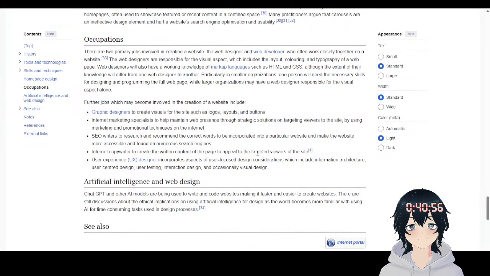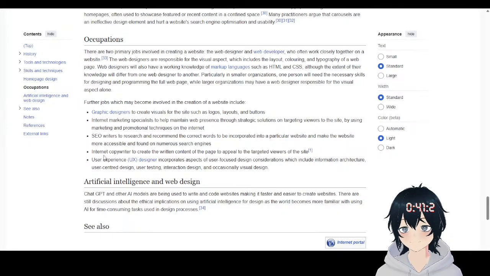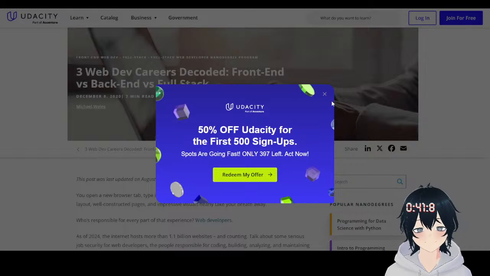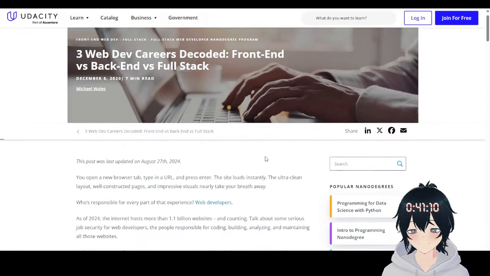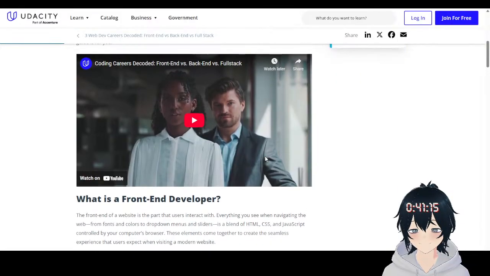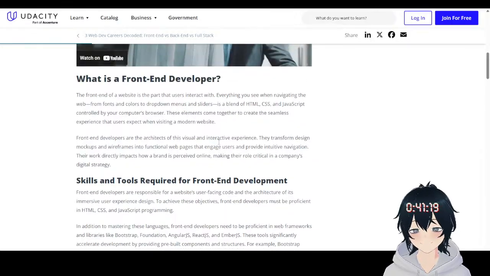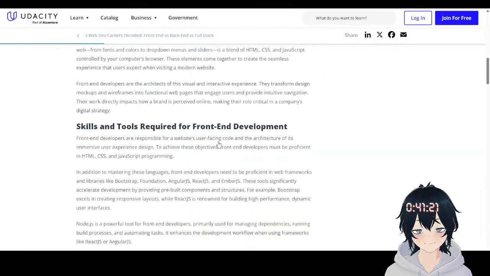Graphic designers. Nah, I guess. Okay lah. Oh, I'm using ad blocker by the way. I have premium. No nothing.